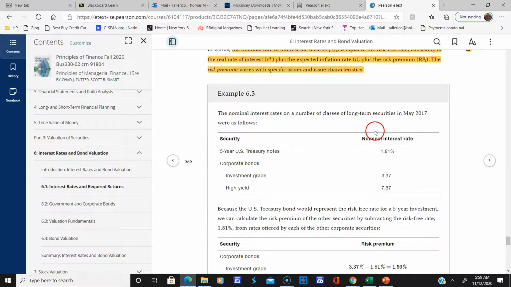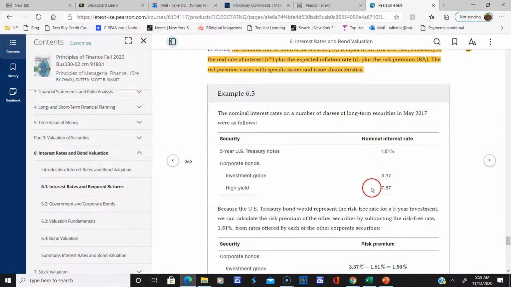So you can clearly see, now, this is an older table, but you notice the risk-free rate for a treasury note is 1.81, and for bonds, the nominal rate is higher, obviously because of the risk premium. And here you have high yield or junk bonds. Notice there's a major risk premium here. Even though these are investment grade, there's still a little extra risk compared to the treasuries.